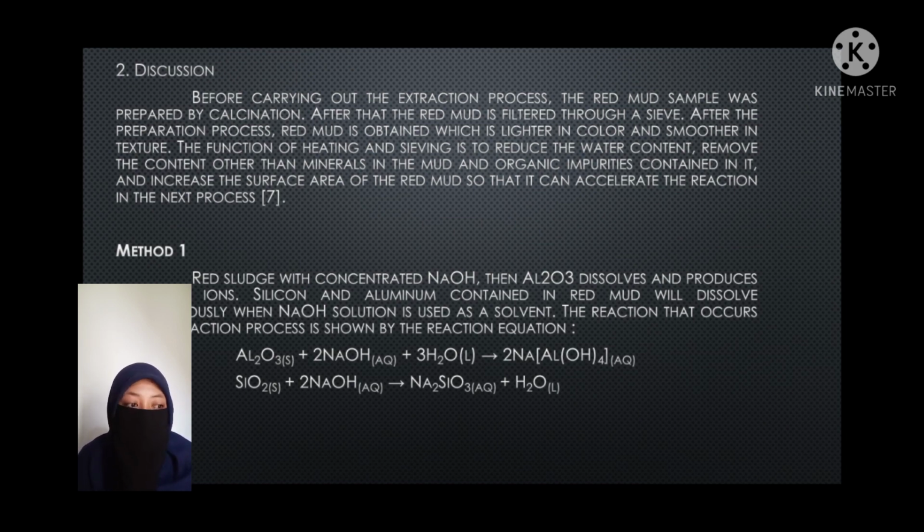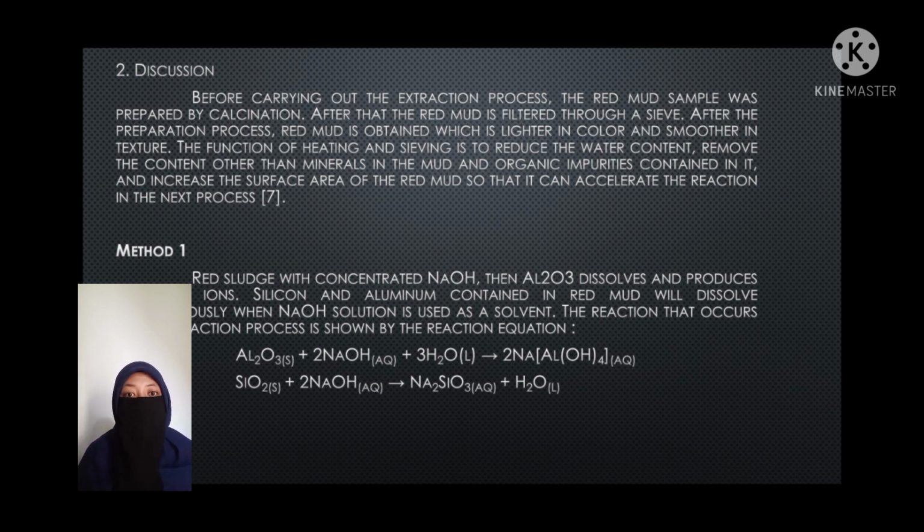Before carrying out the extraction process, the red mud sample was prepared by calcination, and the red mud is filtered through a sieve. After the preparation process, red mud is obtained which is lighter in color and smoother in texture.